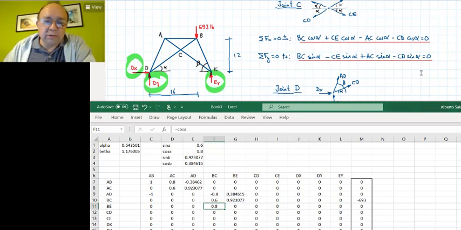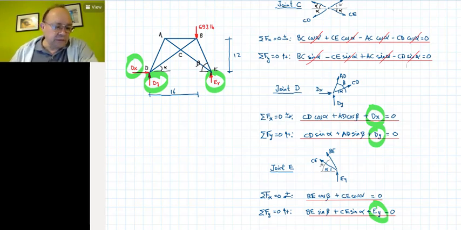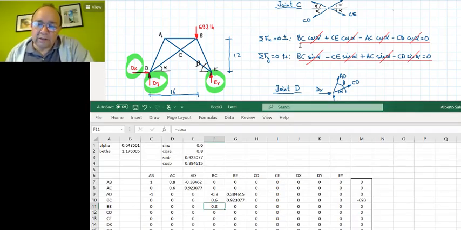Actually, we can simplify all those by dividing everything by cosine alpha, and here sine alpha. So we just have a coefficient of 1 for all those terms. So that makes things a little easier. Right? So BC was cosine alpha here, so actually it's going to be a 1.